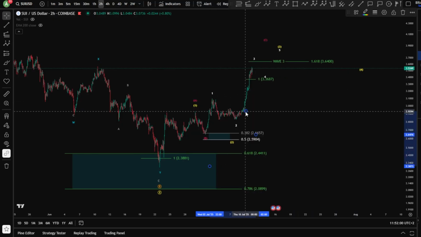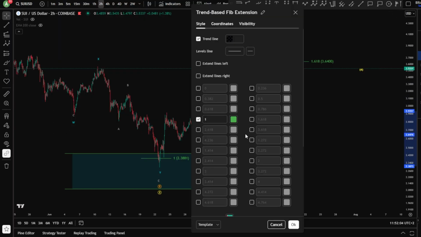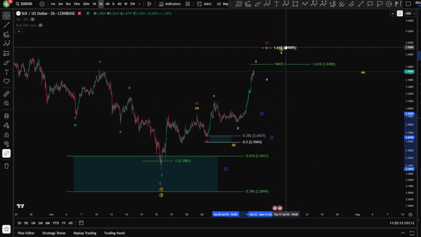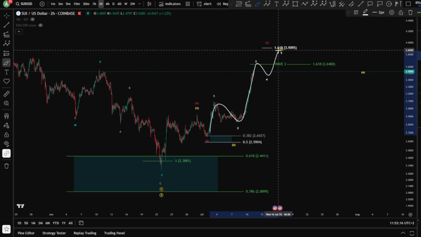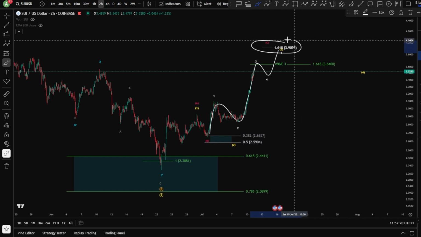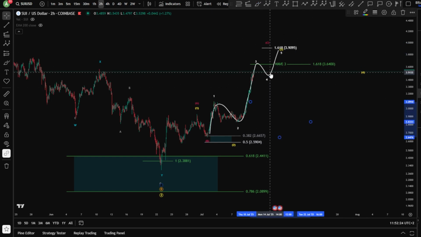Because we passed it already, as also mentioned. But don't forget that you can still have the 1.618, which might be kind of a wave C extended. And if we finish it somehow like this, 1, 2, 3, 4, 5, this is a little bit questionable, but it can be wave 3 as well. Don't forget it for this scenario.